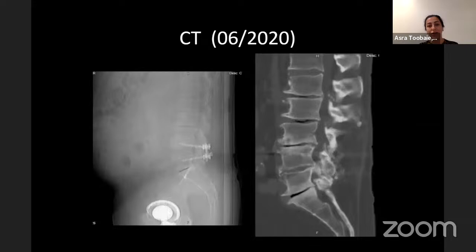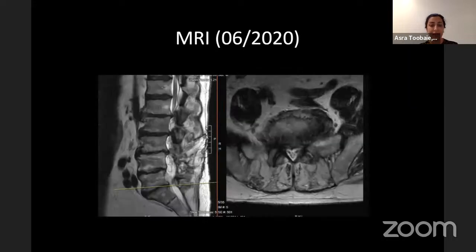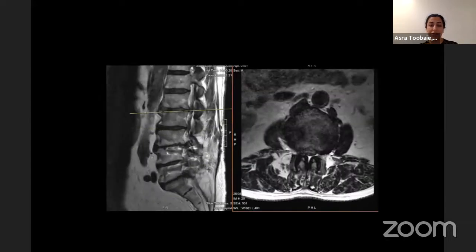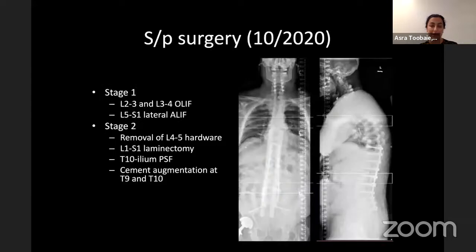CT scan shows degenerative changes above and below the fusion segment with vacuum disc phenomena at multiple levels. And lumbar spine MRI shows degenerative changes at multiple levels above and below the fusion level.